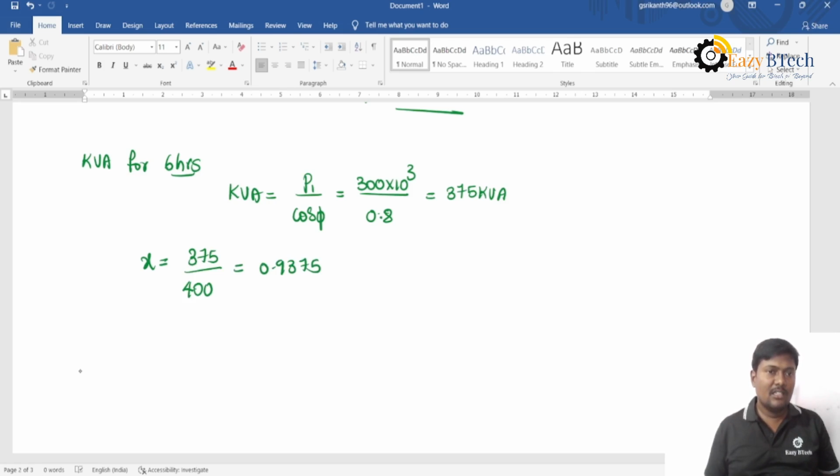0.9375. Why am I calculating this? The kVA utilized by the transformer during the first section is only for 6 hours, and that too 300 kilowatts is utilized at 0.8 power factor. Overall 400 kVA is not utilized by the load; there is some fraction. x is equal to 375 by 400, that is 0.9375. The copper losses at this moment are x square times I2 square R2, that is x square times the full load copper losses, into 3500.